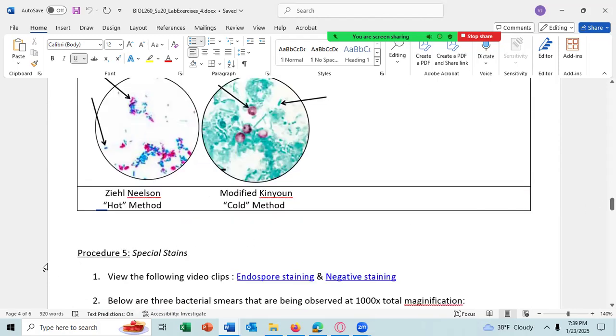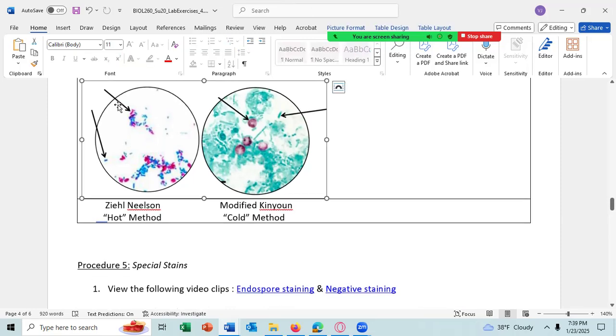and say in the picture, the leftmost arrow, tell me if it's acid fast positive or negative, and then the higher arrow or the rightmost arrow in the first picture, tell me if it's acid fast positive or negative, write it there.